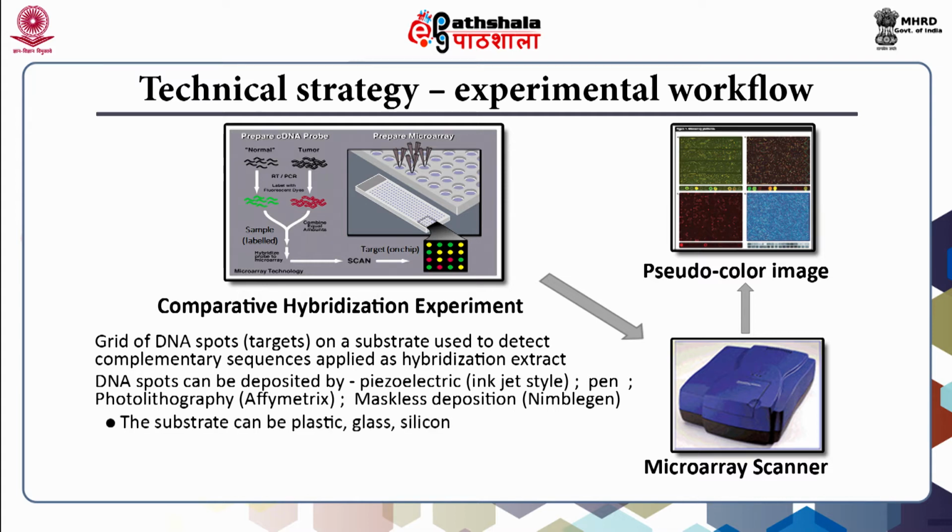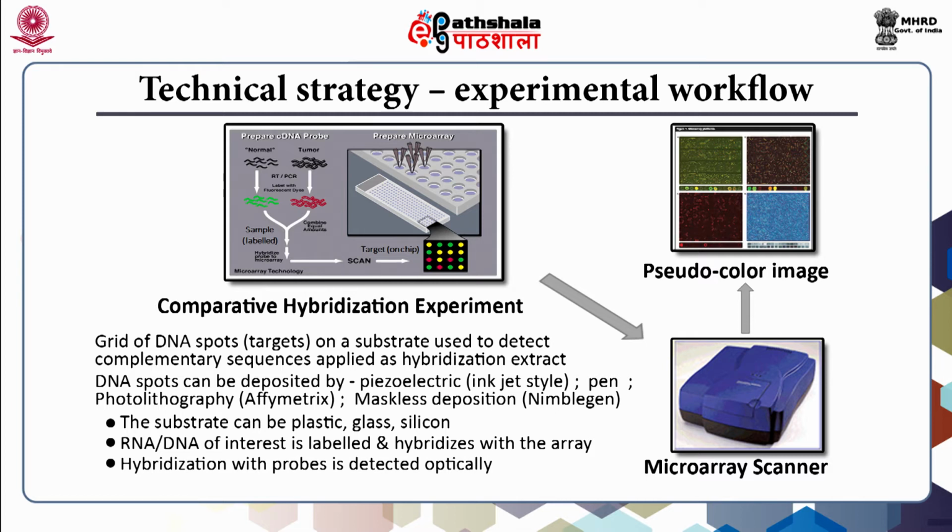The substrate that can be utilized for making the microchips can be plastic, glass or silicon. DNA or RNA of interest is labeled and hybridized with the array. Hybridization with probes is then detected optically.